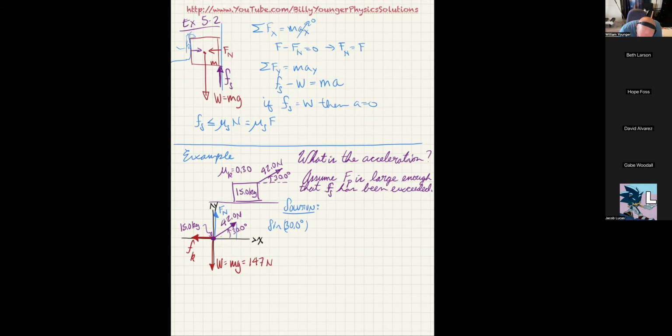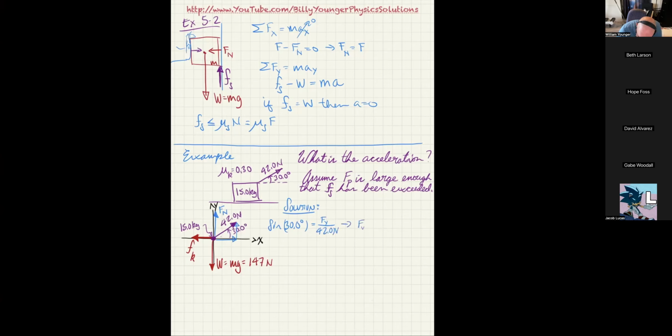There's my opposite side, which points in the positive y direction, and here's my adjacent side, which points in the positive x direction. In SOHCAHTOA, sine is opposite over hypotenuse. The opposite is F sub y, and the hypotenuse is 42.0 newtons.